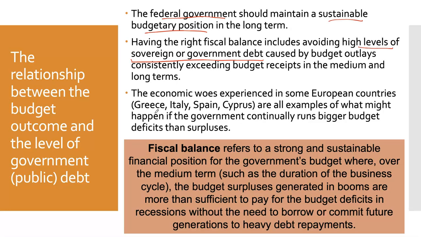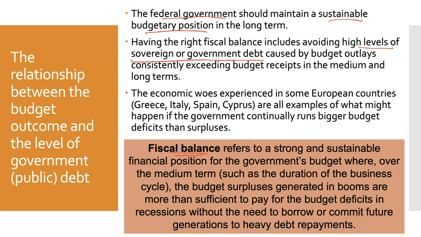It gets to the point where they potentially can't pay it back. Credit rating goes down, interest rates on the debt go up because of the credit rating, and this becomes a bit of a deadly spiral because then they can't pay the debt back even more, reducing their credit rating, and it becomes a death spiral for that country. So having good fiscal balance is often a goal of a government.